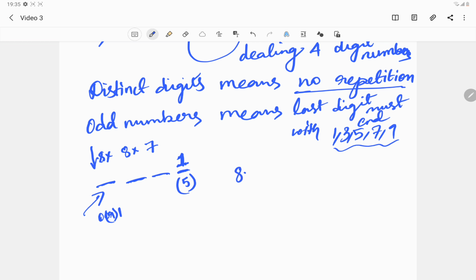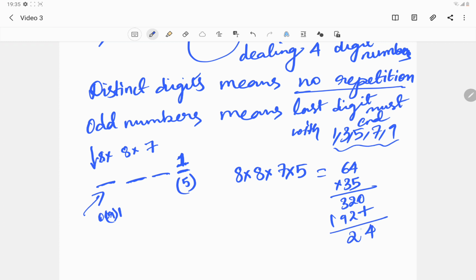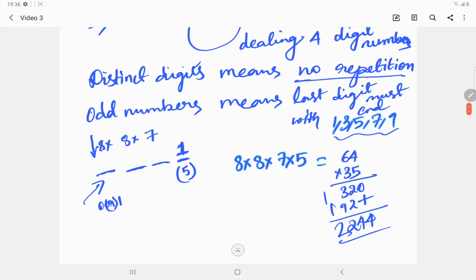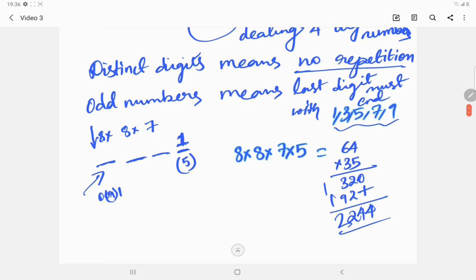So total numbers will be 8 into 8 into 7 into 5. It is 64 into 35. You can do it. It is 320 plus 192, 224. So this is the answer. Actually it has to be 0 over here instead of 4.